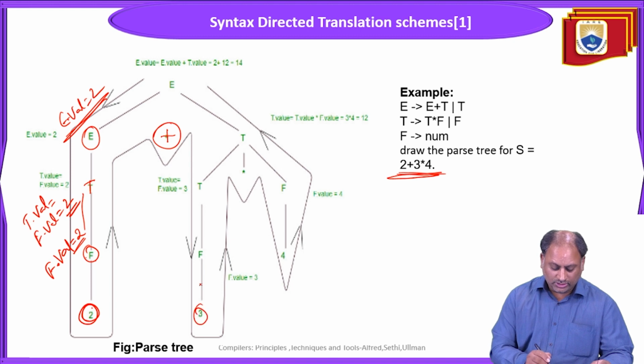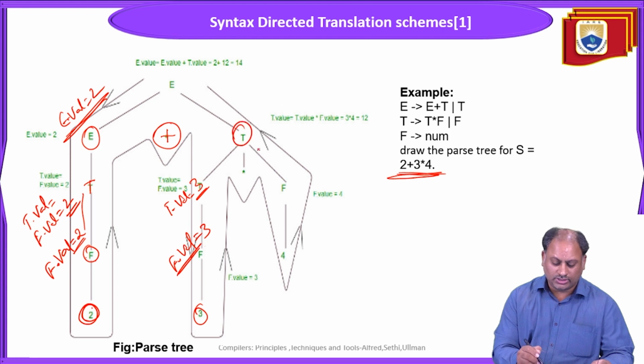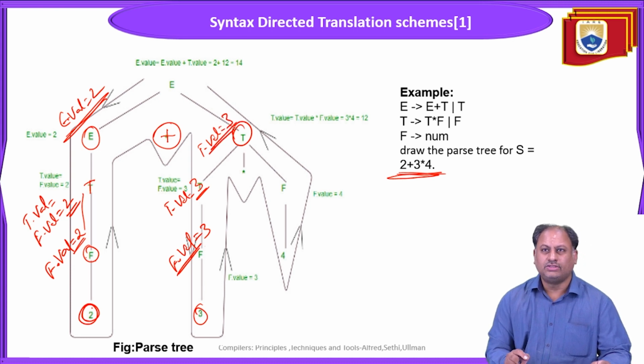Now 3 will get here, F dot val. How much value is it getting? 3. Now F dot val equal to T dot val. T dot val is how much? The attribute association value here is 3. Now this 3 is passed to the upper level, so you will get T dot val equal to 3.